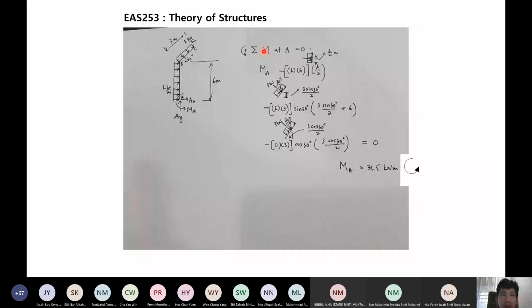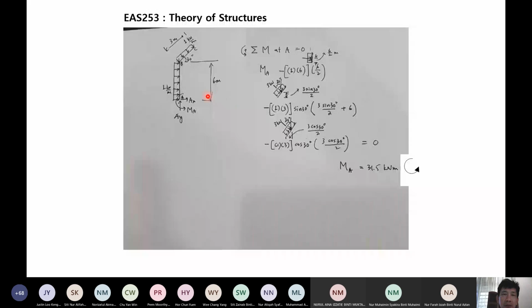So when you take moment at A, you don't have to consider AY and AX now, but you have to consider moment caused by this and moment caused by this. So moment caused by this is given by, find the load equivalent to this, which is 1 multiplied with 6. Then it is UDL, so is acting at the middle of this height here, which is 6/2. And this is causing clockwise moment, so it becomes negative.